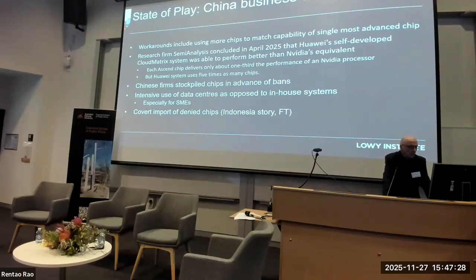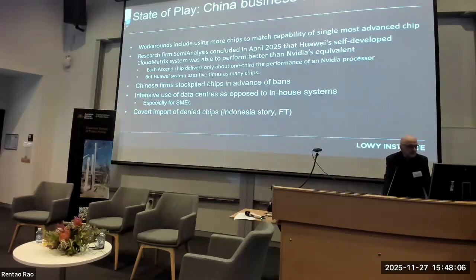One way was for Huawei to develop a chip of lesser capability than the most advanced NVIDIA chips. For example, the current Ascend chip delivers only about a third of the performance of an NVIDIA processor, but the Huawei system uses 5 times as many chips and achieves something of the same performance as NVIDIA's equivalent.